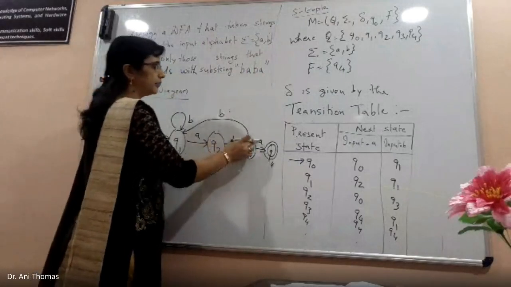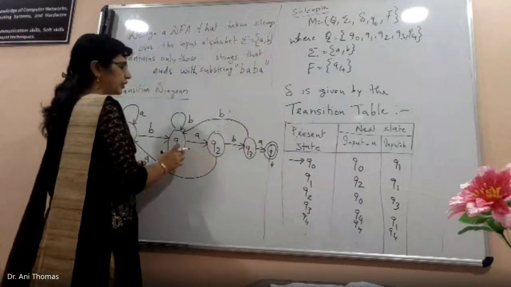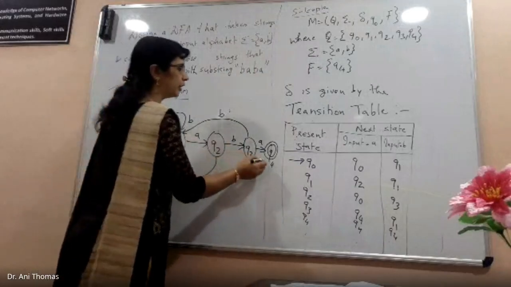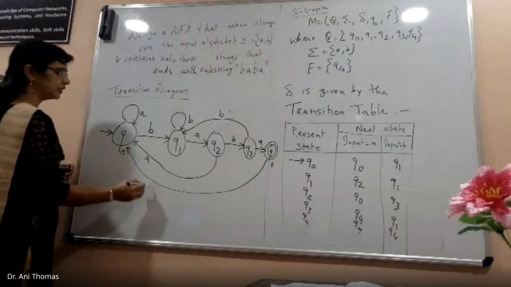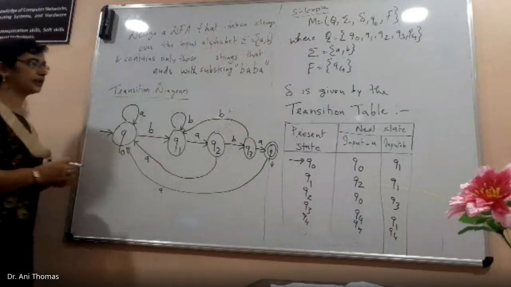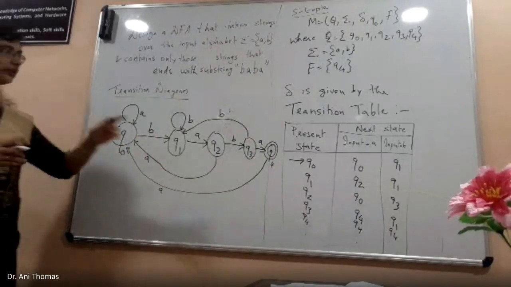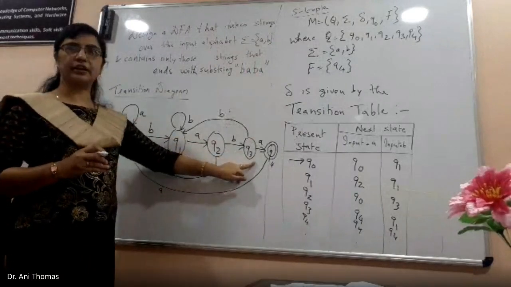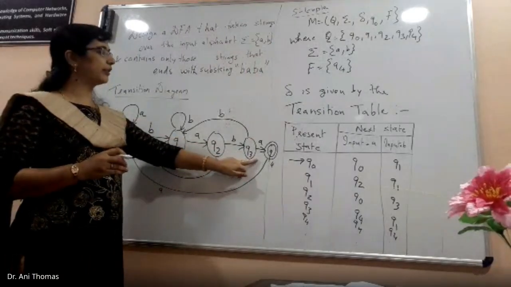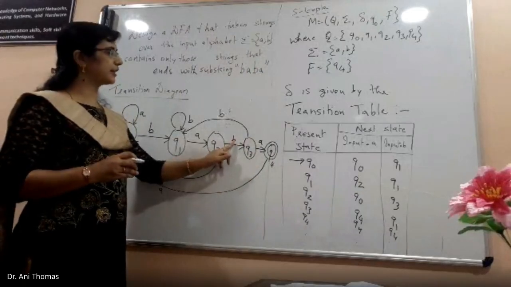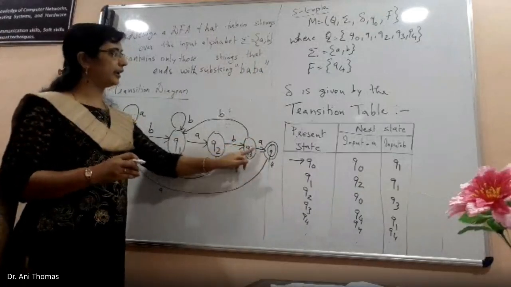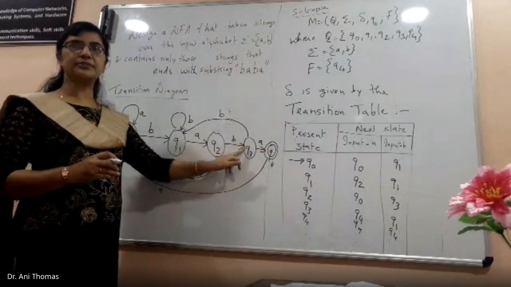BA, again B again, it will violate. You can put A over here, no. So you can put A only to Q0, because when you put it over here, it violates. What sequence will it make?